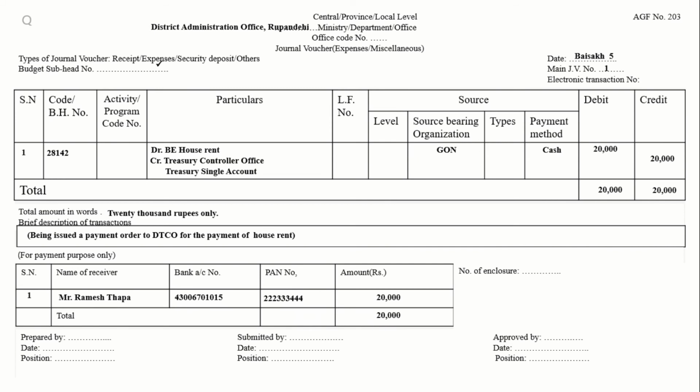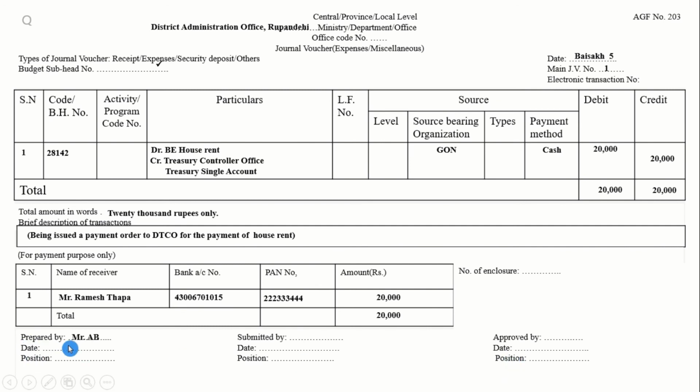Now the signature and designation of the person preparing the voucher should be written here, and the signature and designation of the person submitting the voucher should be written here, and the signature and designation of the person approving the voucher should be written here.